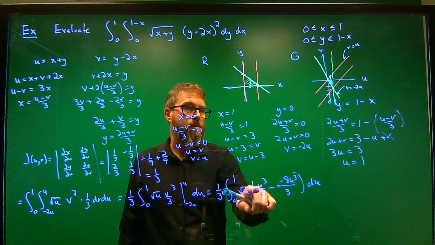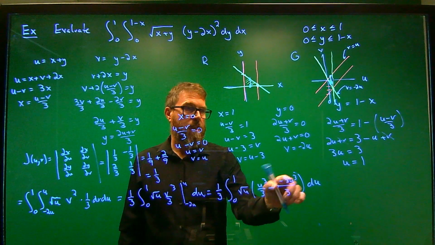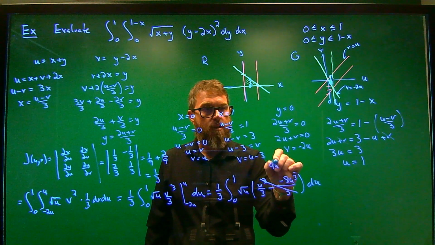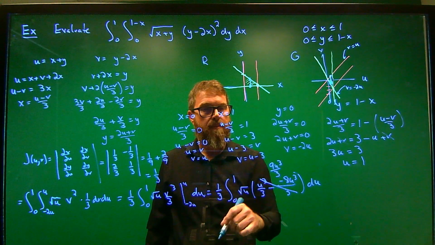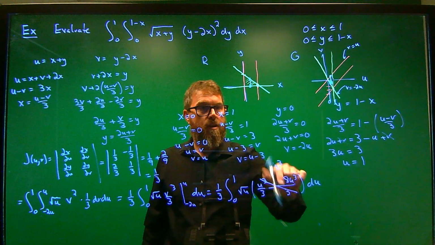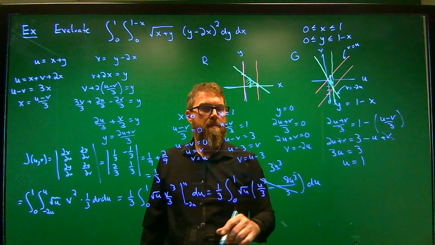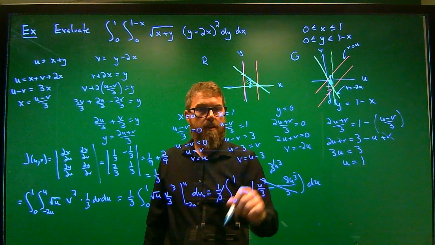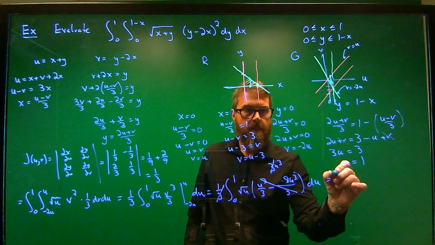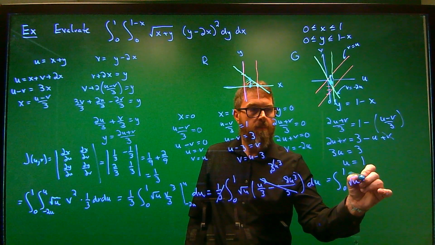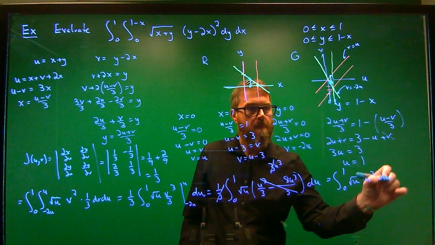So u cubed plus 8u cubed is going to be 9u cubed over 3, which is the same thing as 3u cubed. Now the 3's are going to cancel out here. So this is going to be equal to the integral from 0 to 1 of the square root of u multiplied by u cubed du.